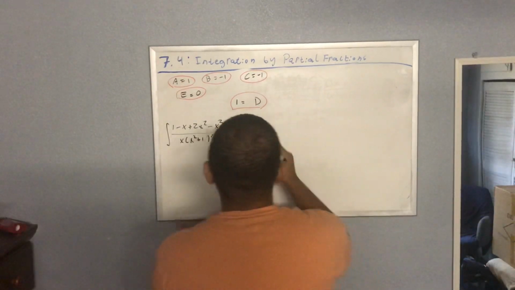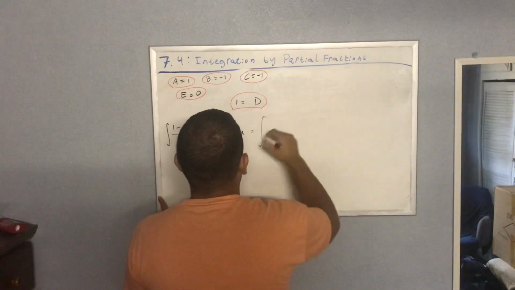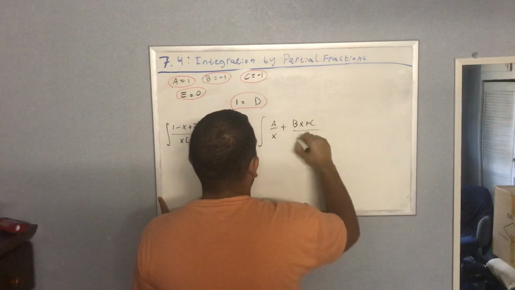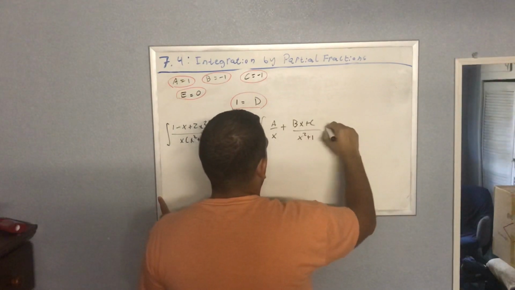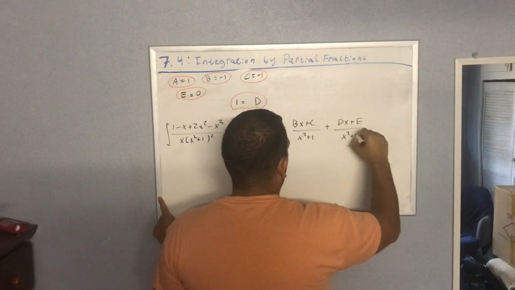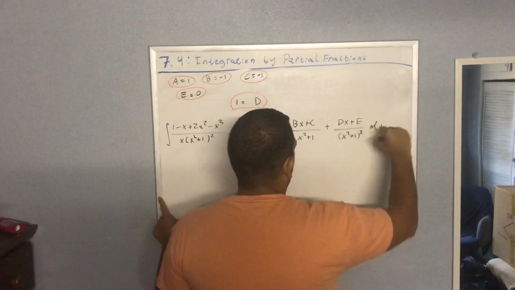This is the same as the integral of, we had a over x plus bx plus c over this plus dx plus e. Okay, so that's what we had.